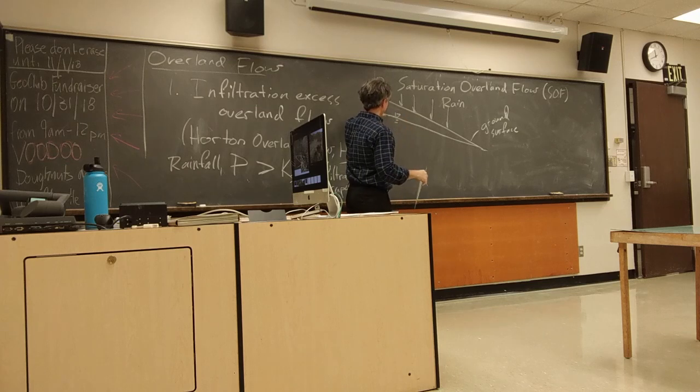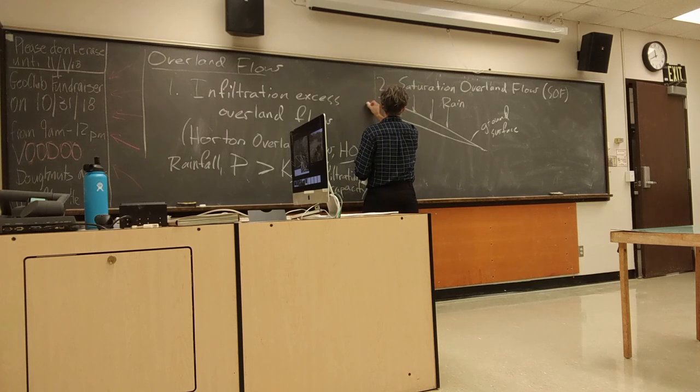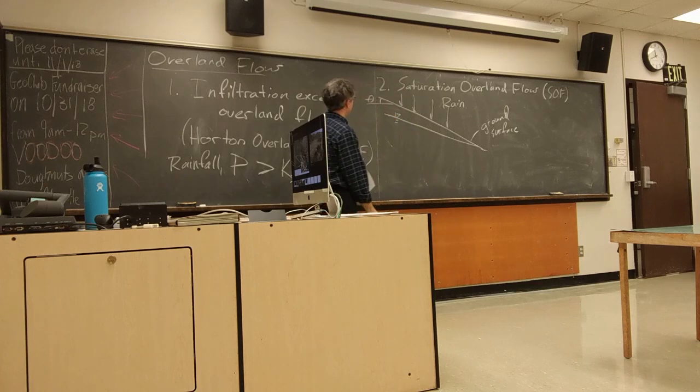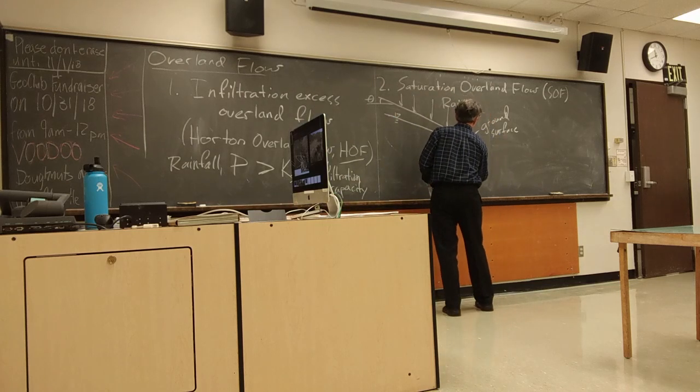The difference in slope between the water table and the surface drawn here is greatly exaggerated. But let's go ahead and draw that we've got some slope angle theta. And at this point is where we get saturation overland flow.